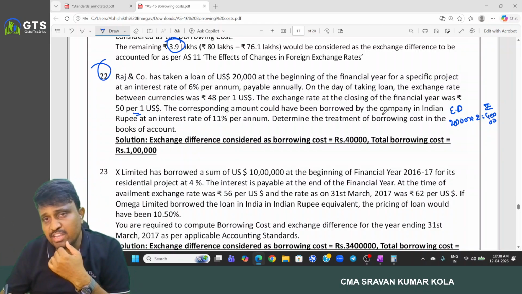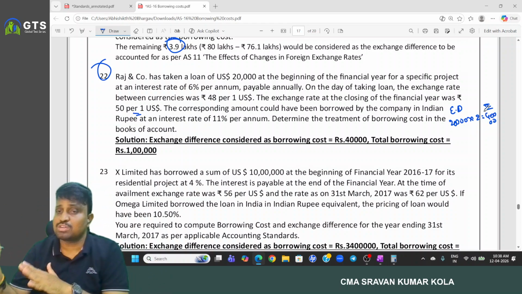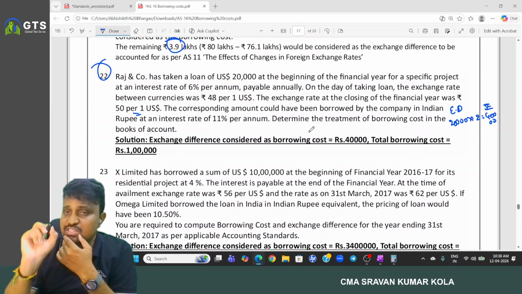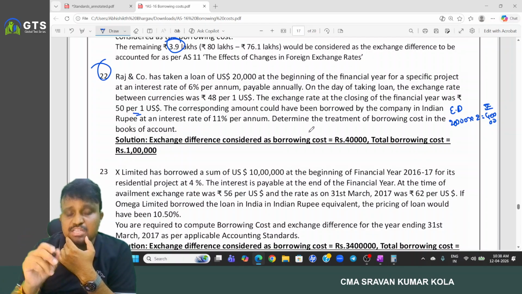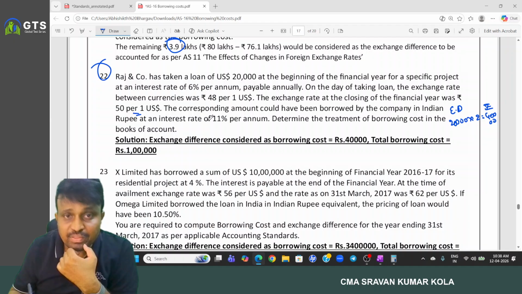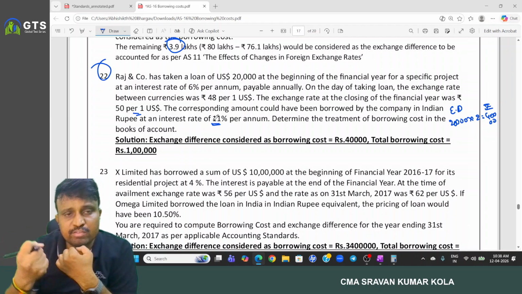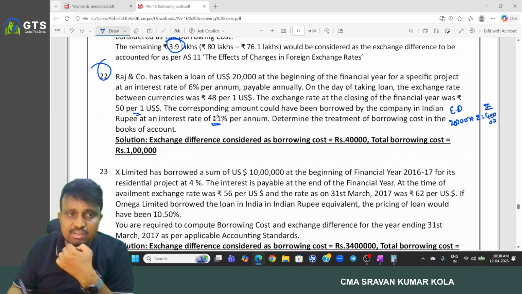Out of the 40,000, how much amount is covered under AS-16, and how much under AS-11? To the extent of exchange difference, it is the interest on local currency borrowing minus interest on foreign currency borrowing. Interest on local currency borrowing, if the same borrowing we had taken in India, is 11%.